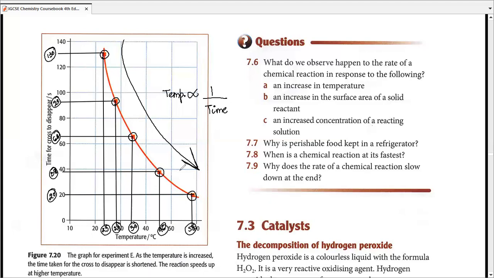You are always supposed to go with the words increase and decrease. If you're supposed to explain the expression I've just written, you're not supposed to write this expression over there. You're supposed to say, when temperature increases, the time decreases. So use the terms increase and decrease in relation to explain yourself for different factors affecting the rate of reaction.